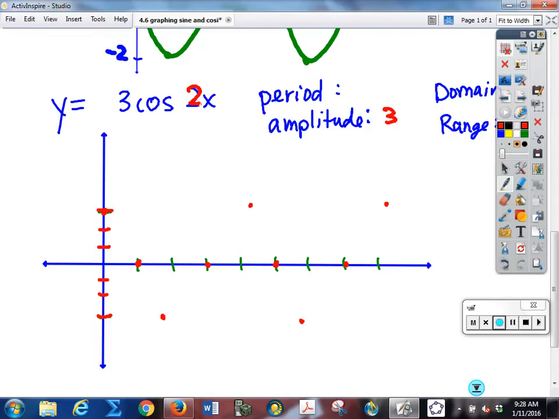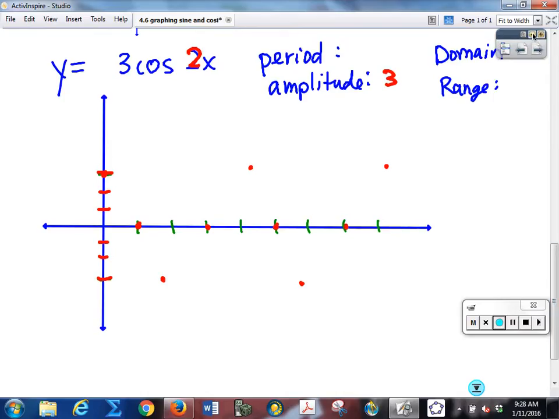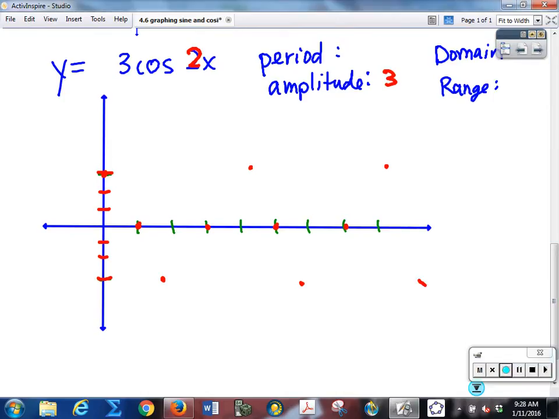If I were to plug something in, let's say I decided I wanted to make a table of values. Normally, I plug in 0, I would get cosine of 0 is 1 times 3 would be 3. But this is going through the x values twice as fast.